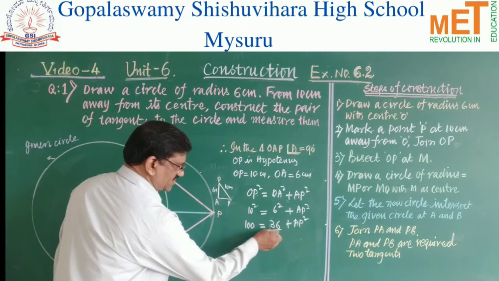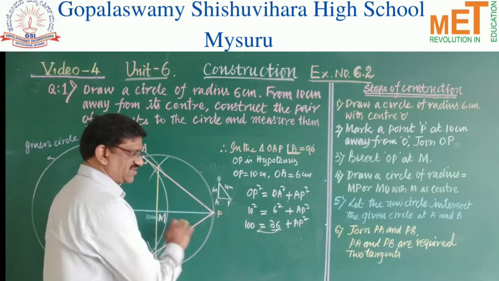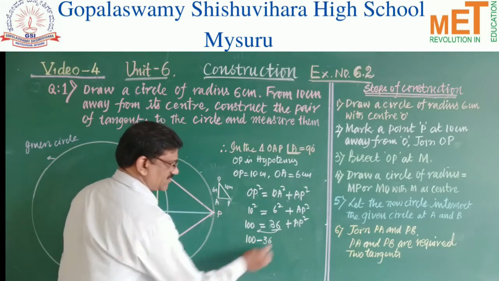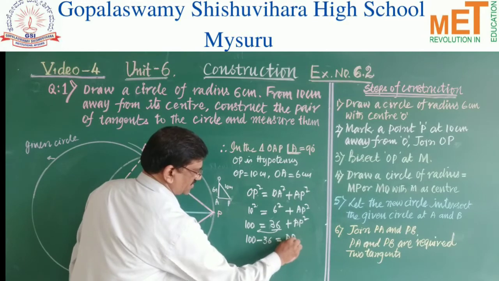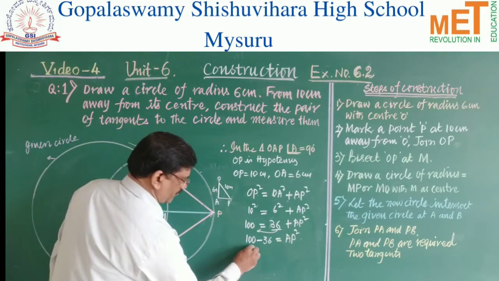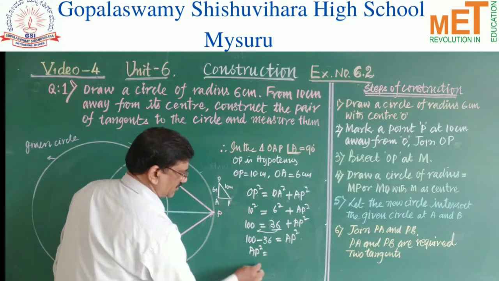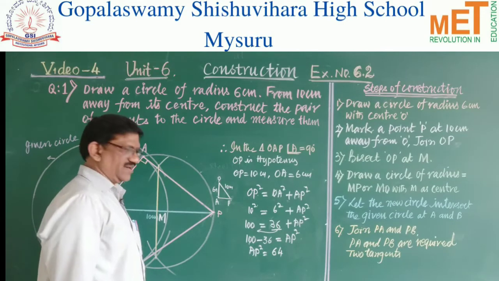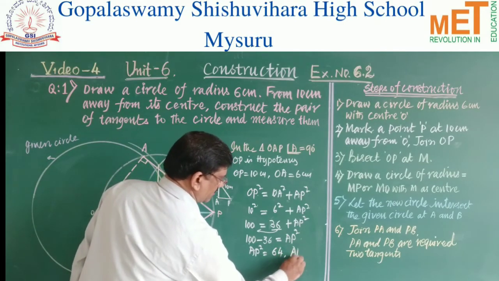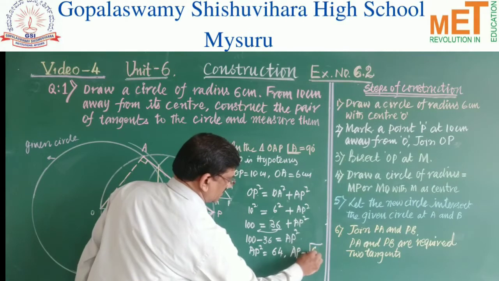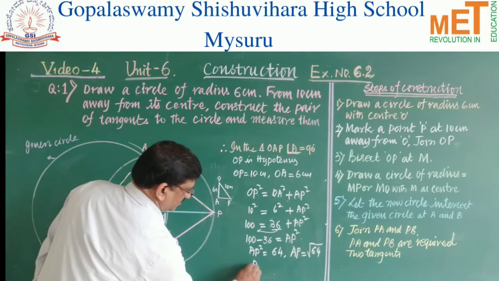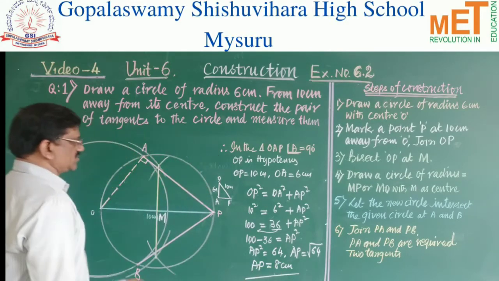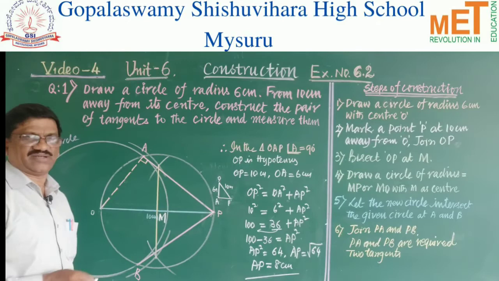If you send this 36 to the left hand side of the equals, 100 minus 36 is equal to AP square. Then AP square is equal to 64. Then AP is equal to square root of 64. Therefore, the length of AP is equal to 8 centimeters.